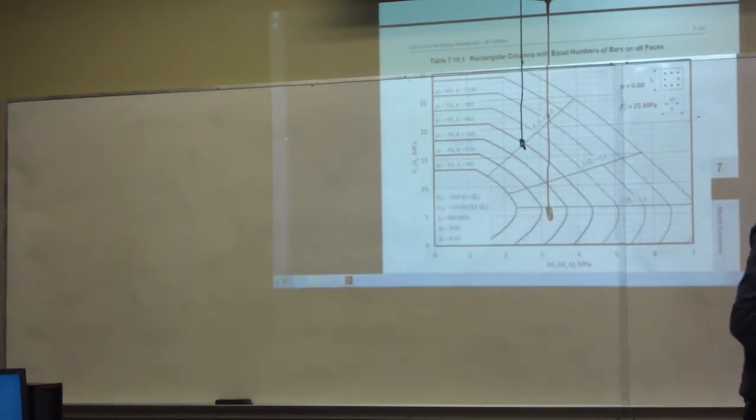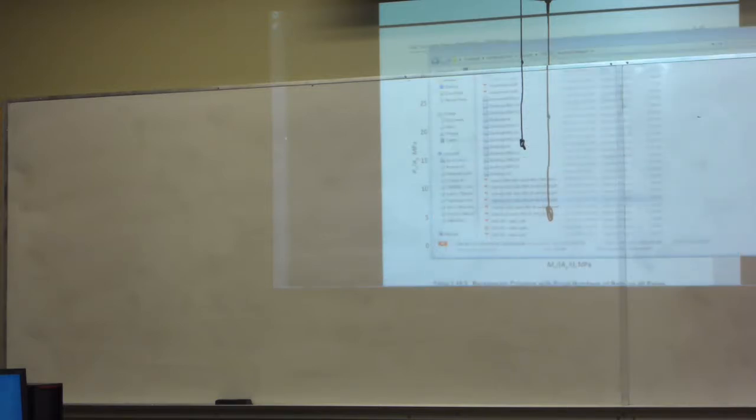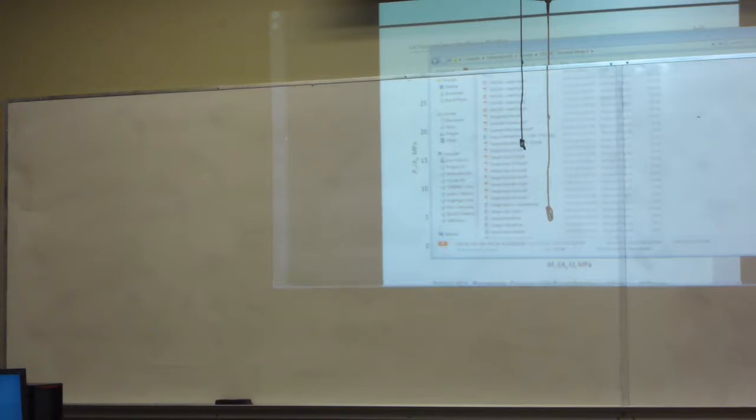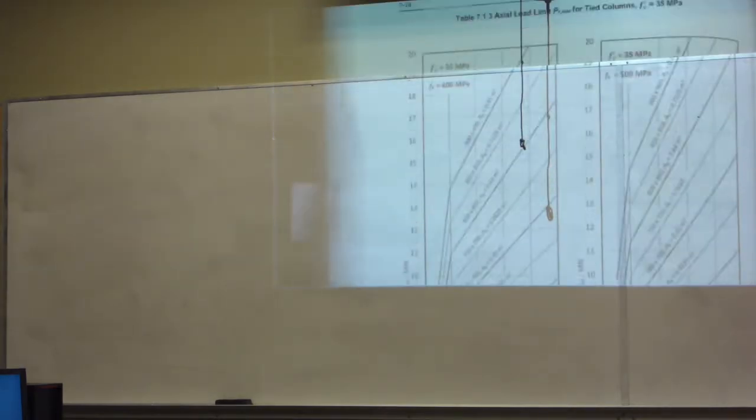So what I'm going to do is start by looking at our tables, putting it up right here. We already did that part.